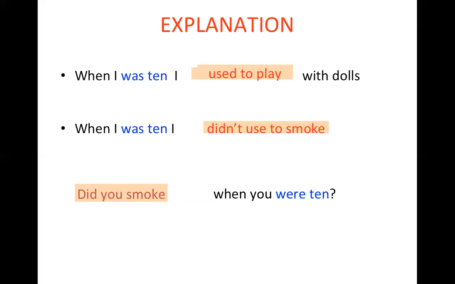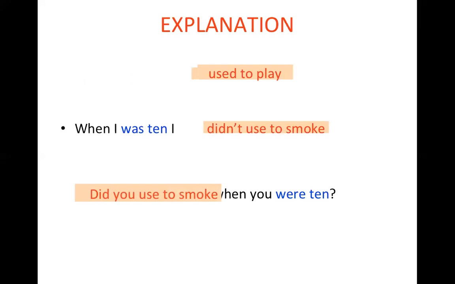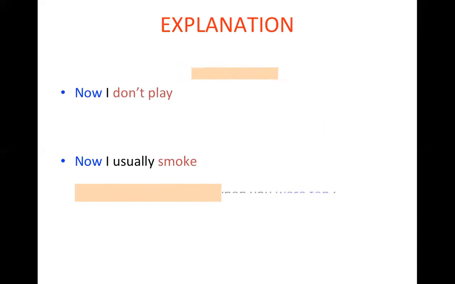Did you smoke when you were 10? You can change it to: did you use to smoke? Both are correct. You can use the two ways to write or to express, okay? Do you smoke now? No.